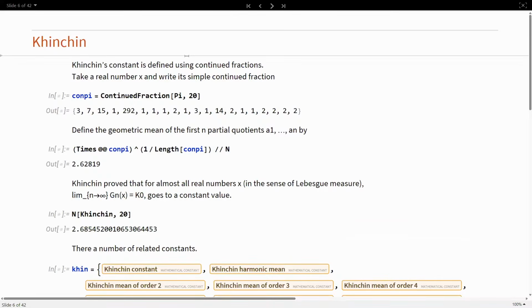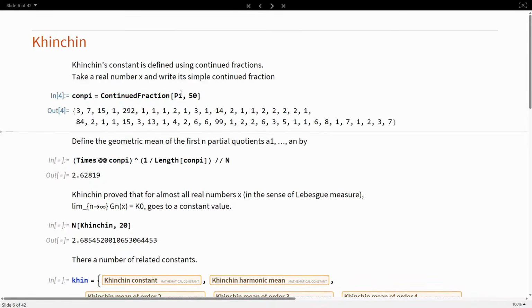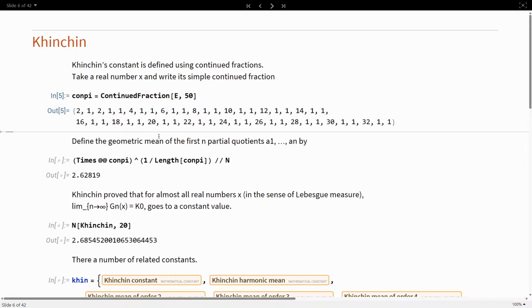So I'll start by talking about the Khinchin constant, which is a somewhat amazing constant dealing with continued fractions. If you take a continued fraction such as pi or e, the continued fraction is a way of expressing the number as a fraction, and there's various terms that come out of it.